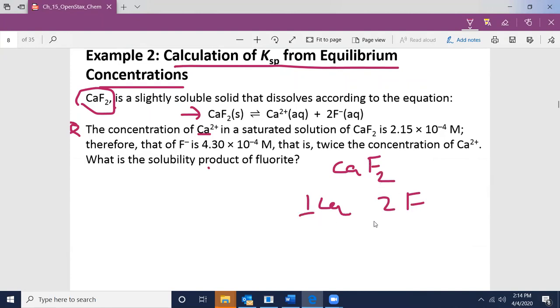So 1:2 is the ratio. Whatever concentration you have for the calcium, twice that is going to go for the fluoride. So that's 2.15 times 10 to the power minus 4, and twice that is going to be for the fluoride. And what is that?